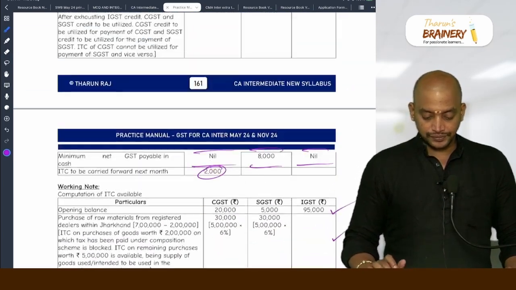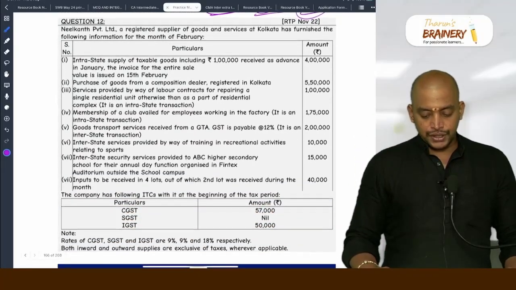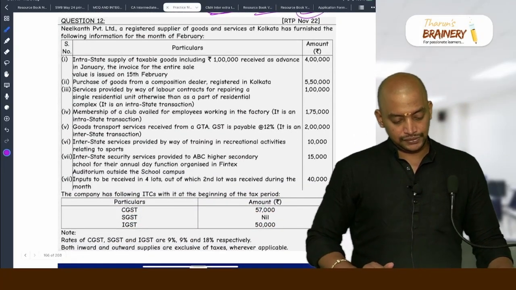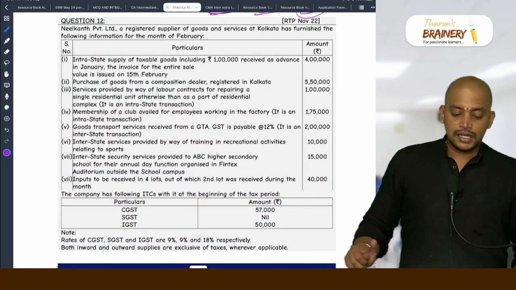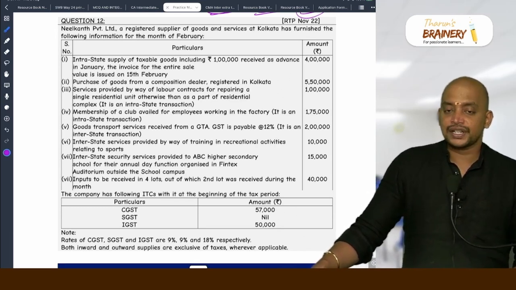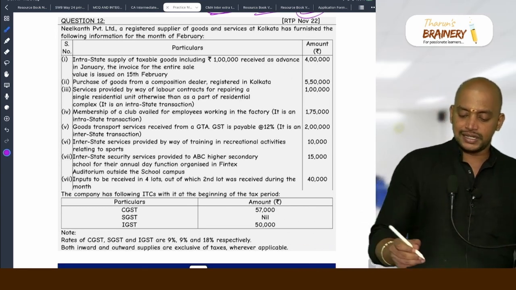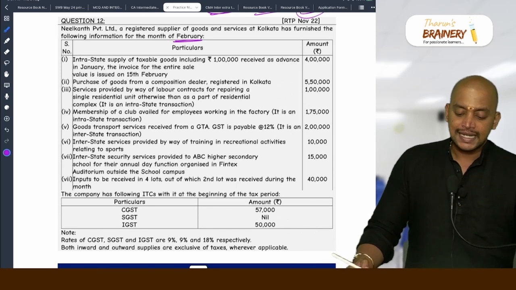Then look into question number 12. Neelkant Private Limited, a registered supplier of goods and service at Kolkata, has furnished the following information for the month of February.